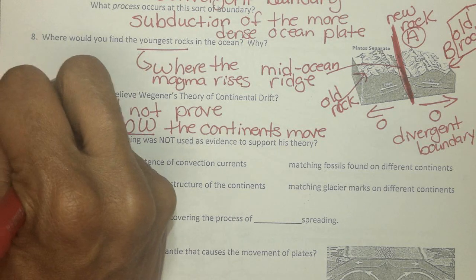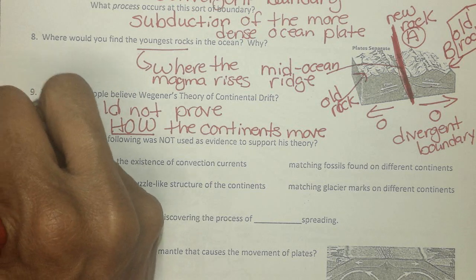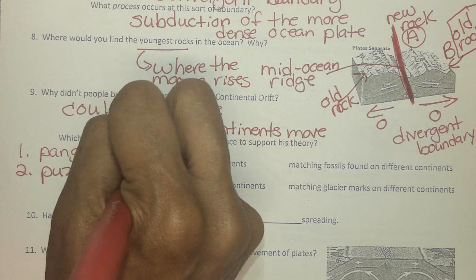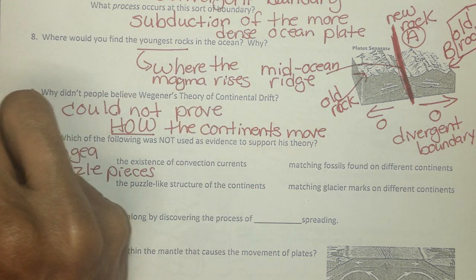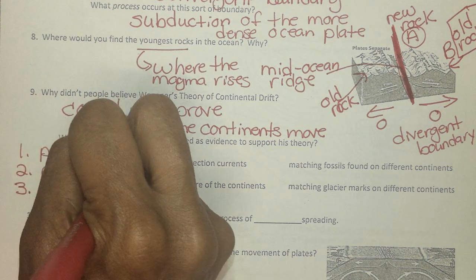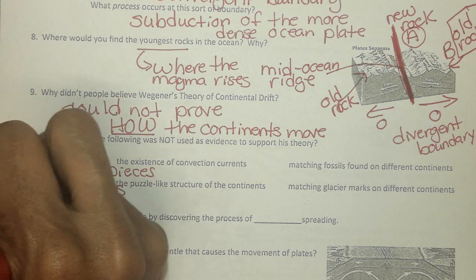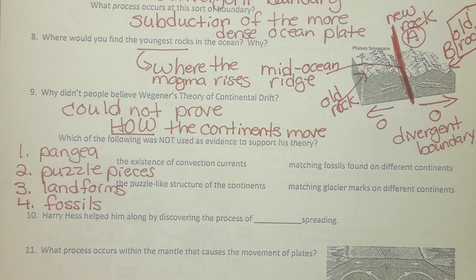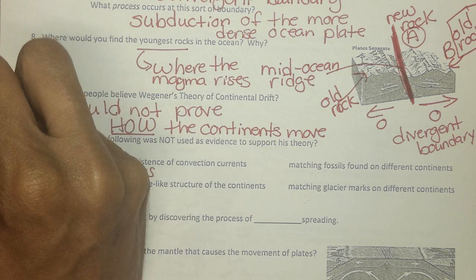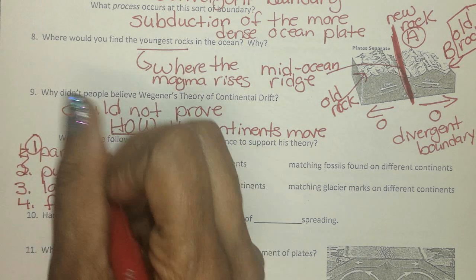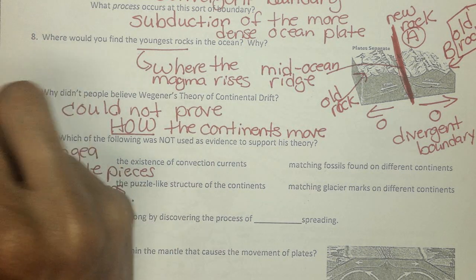So we had Pangea, we had puzzle pieces, landforms, fossils, and oops, so Pangea and puzzle pieces all one.